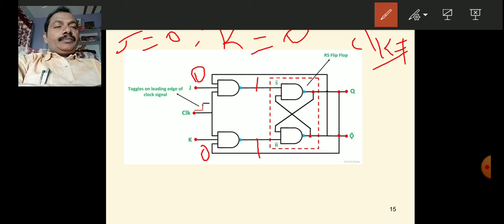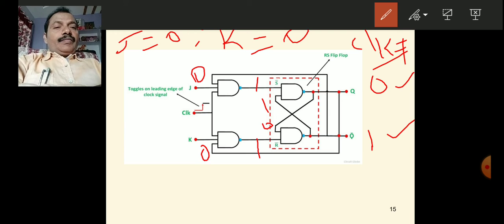Let us assume here is 0, 1. Then this 0 is fed back here, and this 1 is fed back here. So 0, 1 gives 1 only, and 1, 1 gives 0 only. That means it holds the previous value.